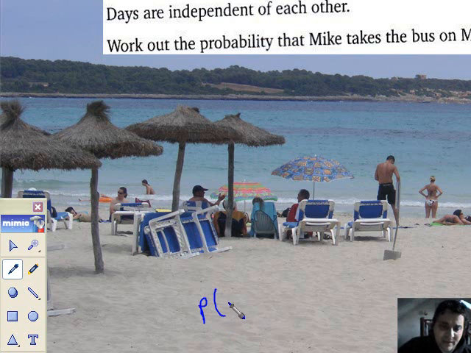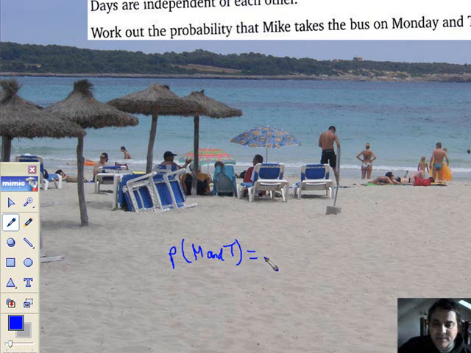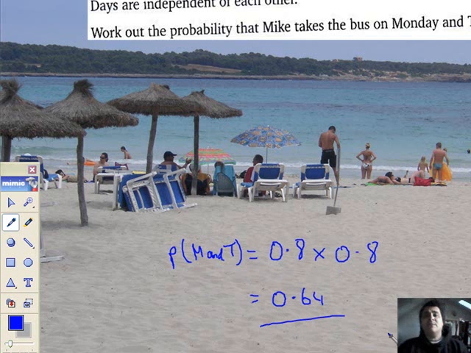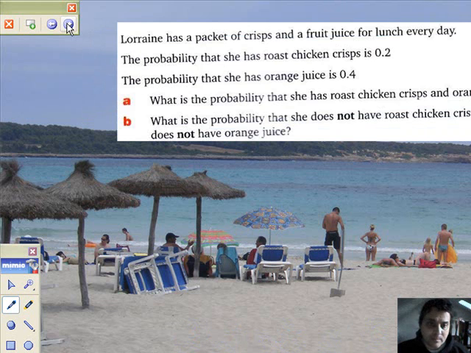Okay, so the probability of getting the bus on Monday and Tuesday, you don't have to write this, but it's nice, because they're independent events, it's 0.8 followed by 0.8. 8 times 8 takes us to 64. 0.64. So the probability that Mike gets a bus on the Monday is 0.8, and on the Tuesday is 0.8. We want both events to occur one after the other, therefore you multiply. 0.64.